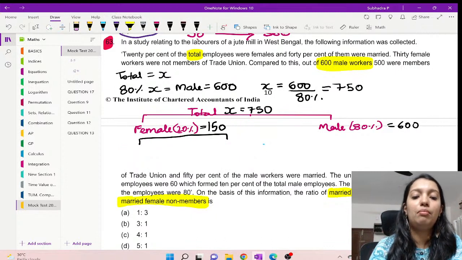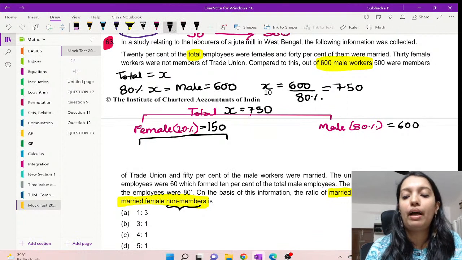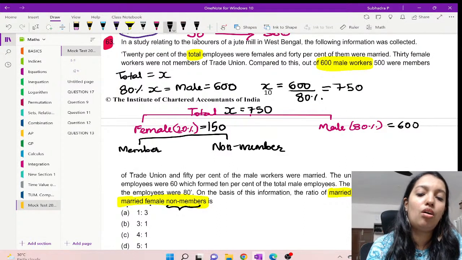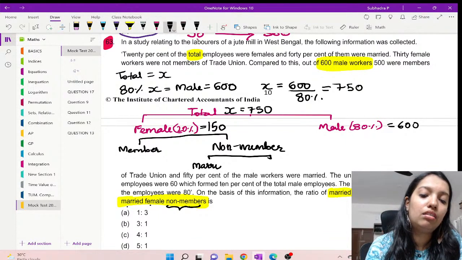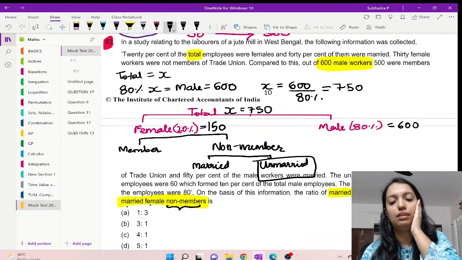So married unmarried I'll keep as it is, because they are asking about member and non-member. I'm taking that first. So we have members, we have non-members, and the question is interested about married female non-members. So in non-members I'll divide them as married, unmarried. So I want this part. Remember.